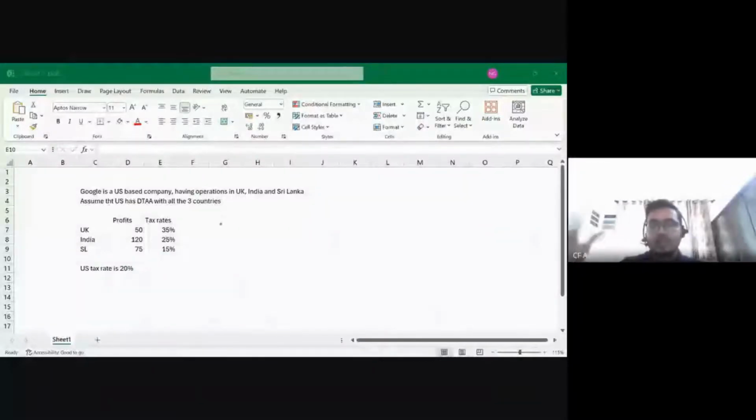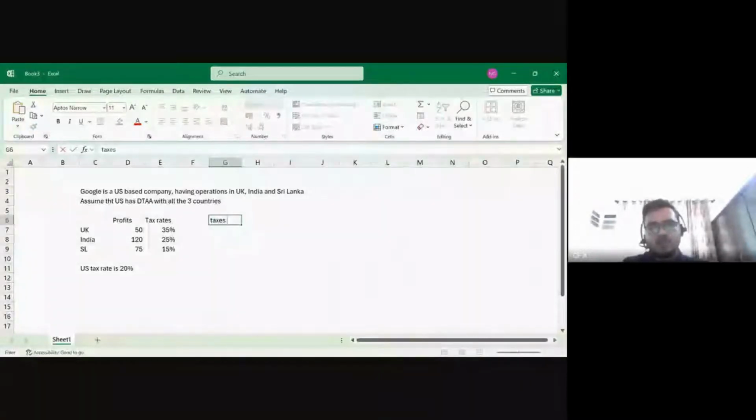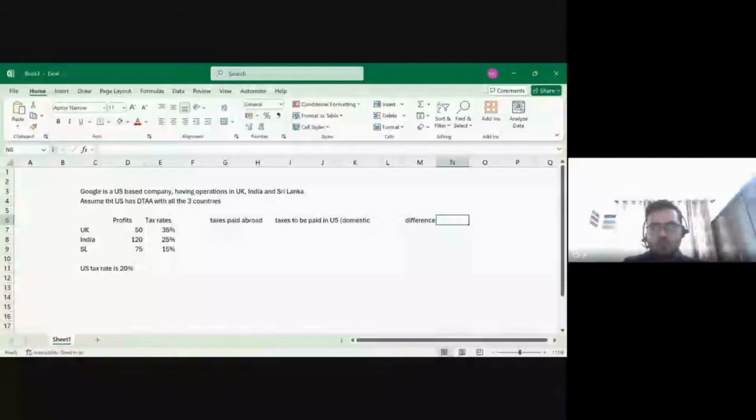So actual calculation from an IRS perspective, what they will do is they will say, okay, taxes paid abroad, taxes to be paid in US, which is domestic, and then let's just say they will look at the difference, pay if this is higher.